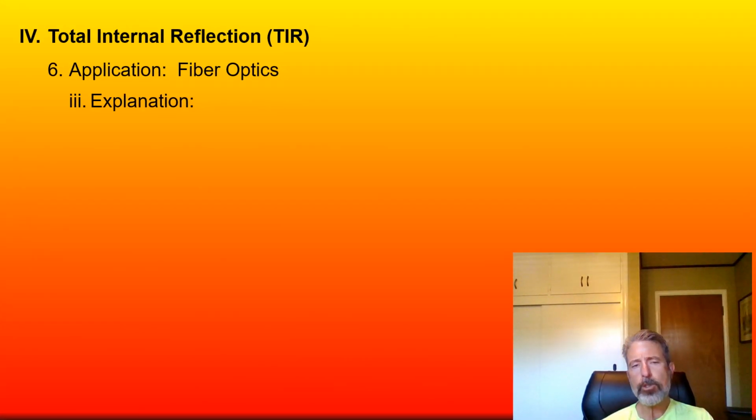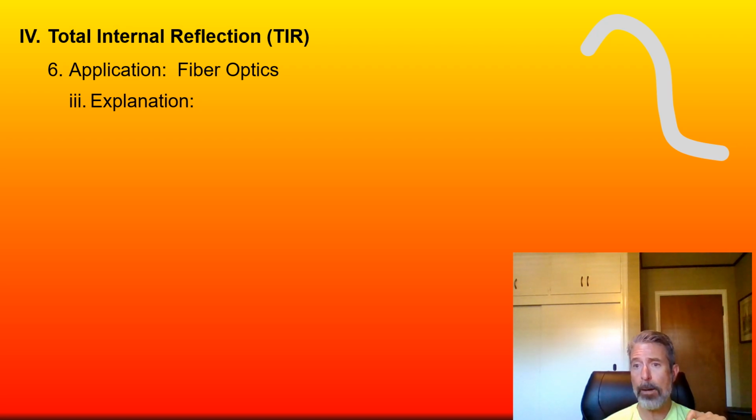All right, so let's see what is going on in the fiber optic and how total internal reflection comes into play. So here is the large demo fiber optic I showed you in the previous slide, and it was made of some sort of plastic. And so here you see that the criterion for total internal reflection is that the light has to travel from a more optically dense medium into a less optically dense medium.